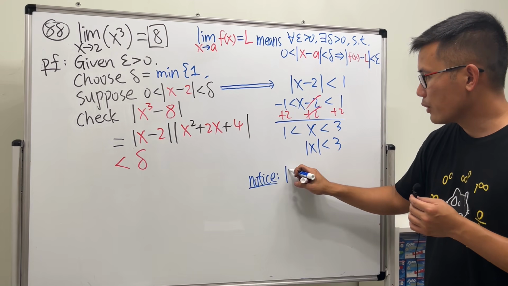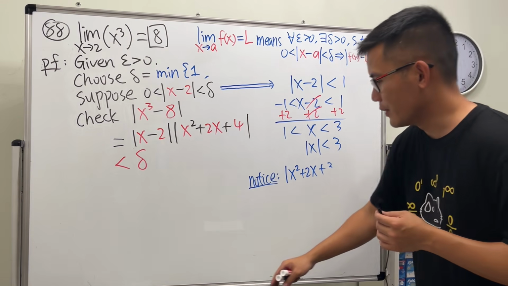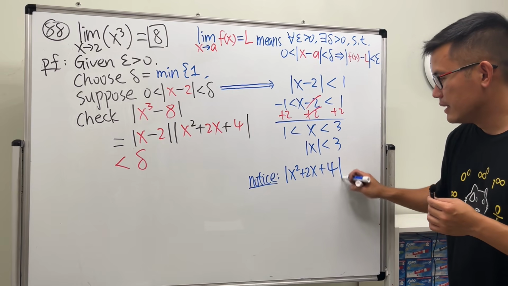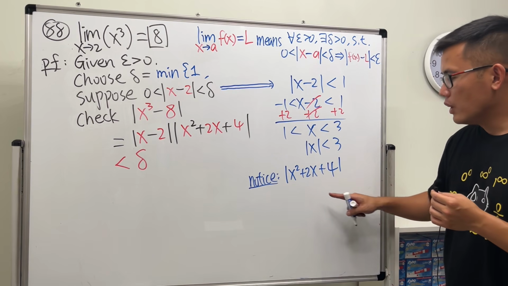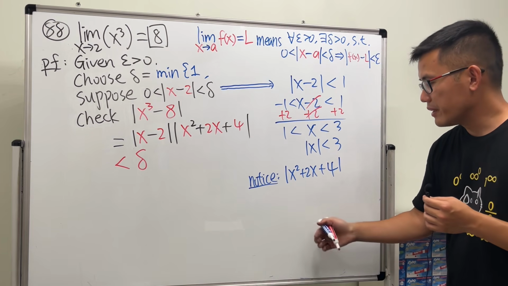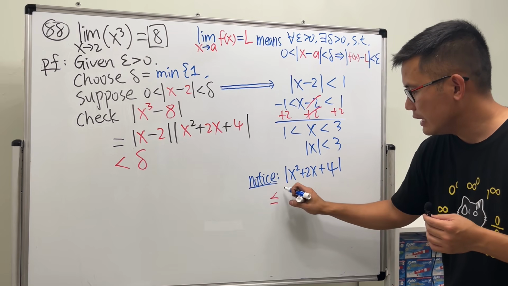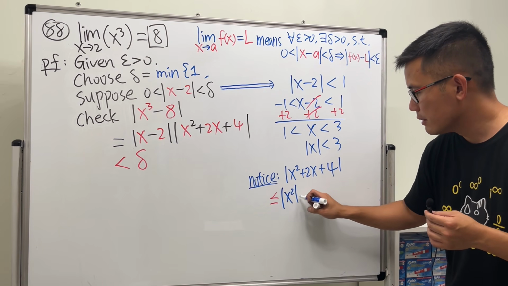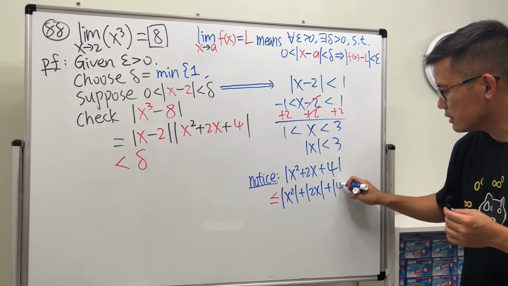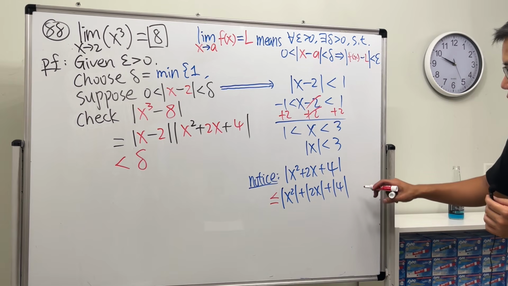When we have the absolute value of x squared plus 2x plus 4, you see how we have the absolute value of the sum. This right here is going to be guaranteed less than or equal to the absolute value of the first, plus the absolute value of the second, plus the absolute value of the third. Yeah, so this is like the extended version of the so-called triangle inequality.